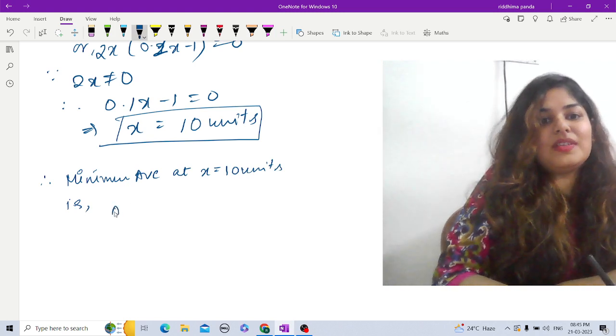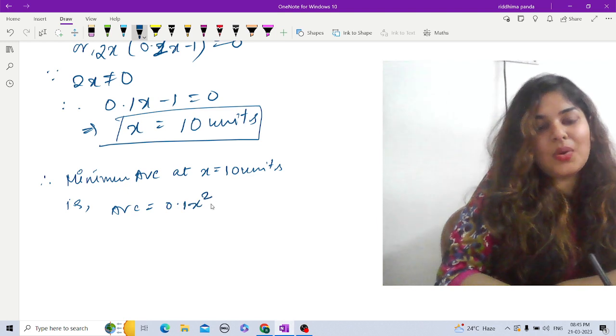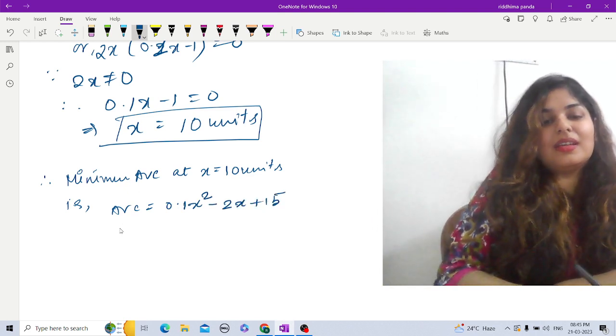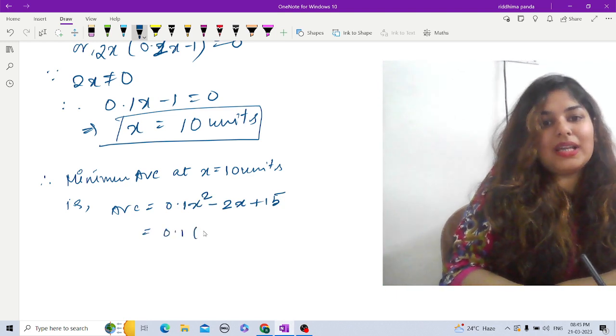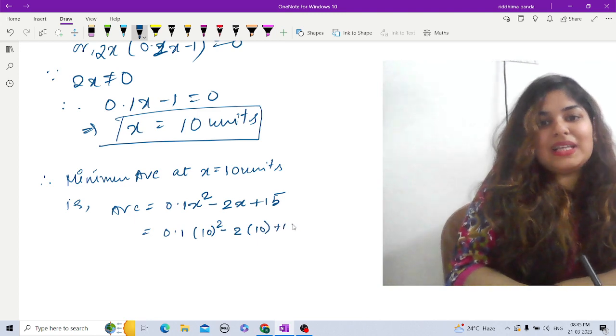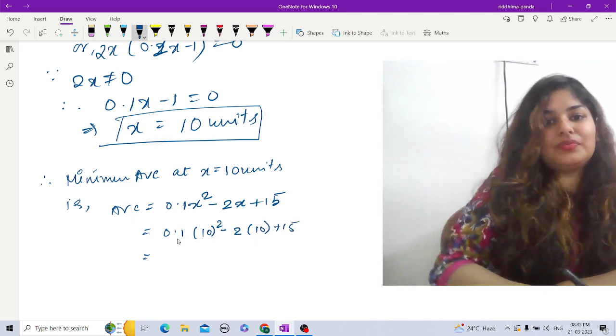How much is AVC again? AVC is equal to 0.1x squared minus 2x plus 15. That is 0.1 into 10 squared minus 2 into 10 plus 15, which is equal to 5.